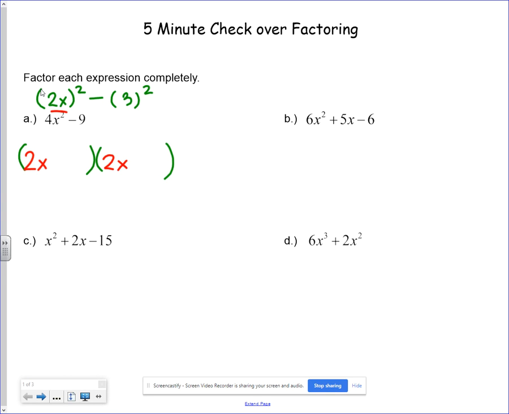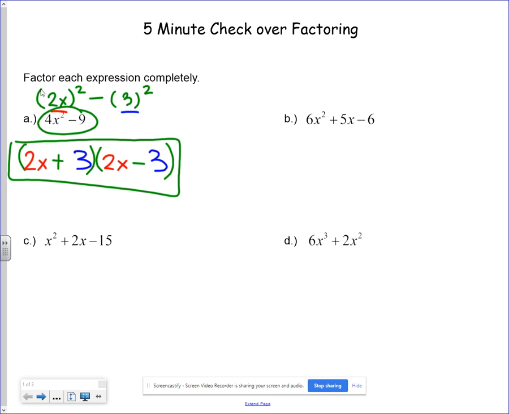We would take the 3 here, write it down here and here. And then what we would do is put the opposite signs. So we'll put plus here and minus here. If I FOIL that out, the middle terms will cancel each other out, and I end up with 4x squared minus 9. So these are the factors of 4x squared minus 9.